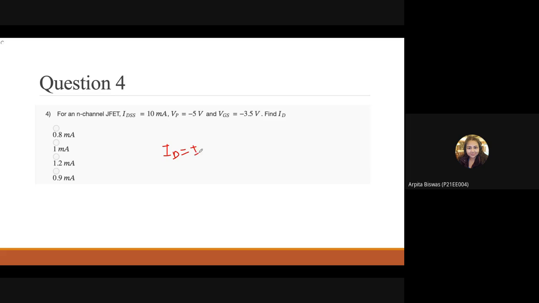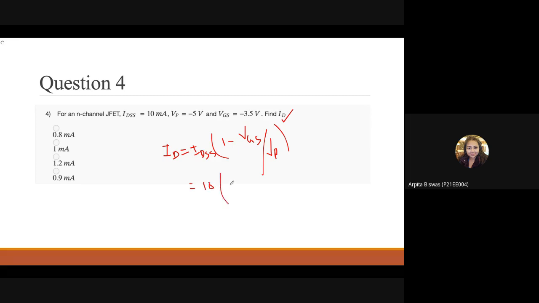So just put all these values, like IDSS into (1 minus VGS by VP) whole square. So what is the value of the IDSS? 10 milliamps is given here.